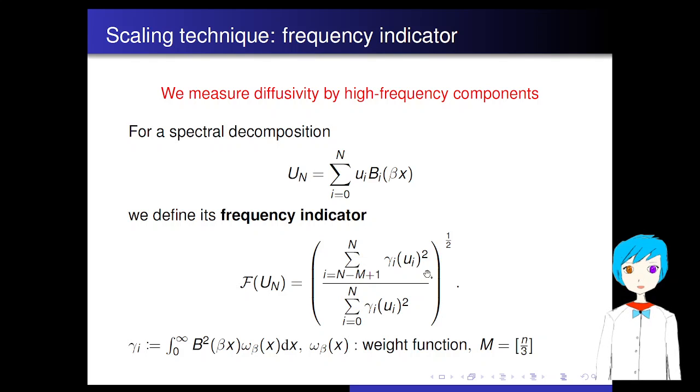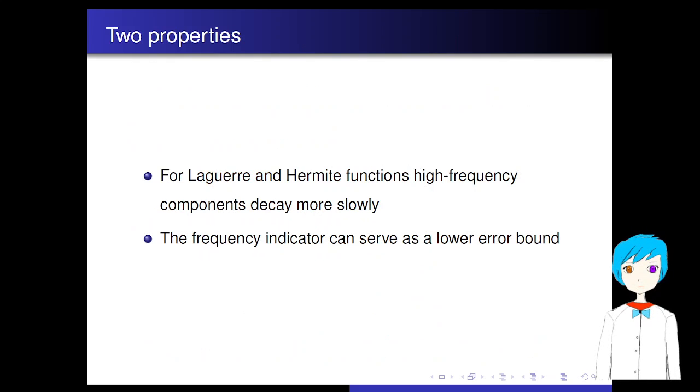This measures the proportion of high-frequency components in the spectral expansion, and if this indicator increases, we know that the function is likely to decay more slowly at infinity. And therefore, we need to properly decrease the scaling factor to match this more slowly decaying behavior at infinity.